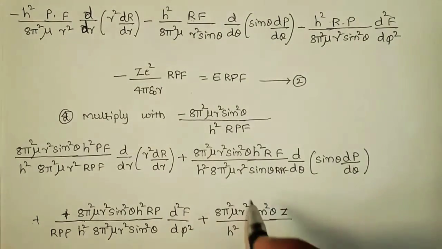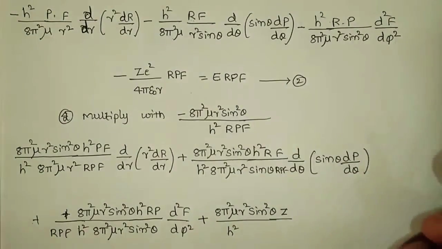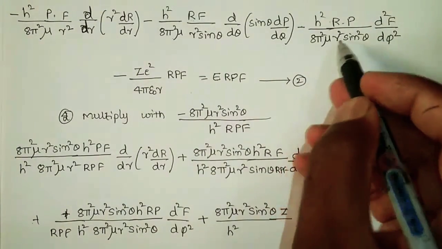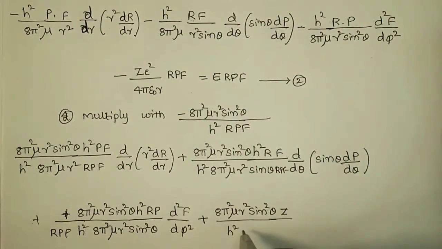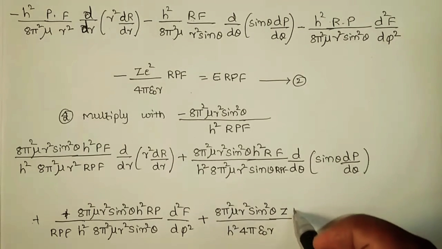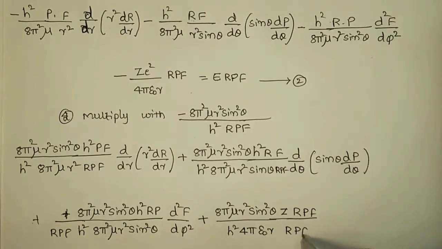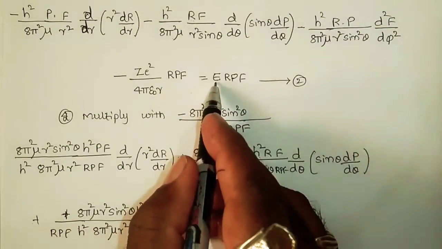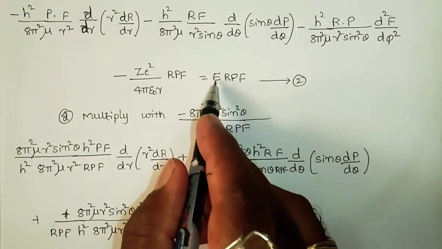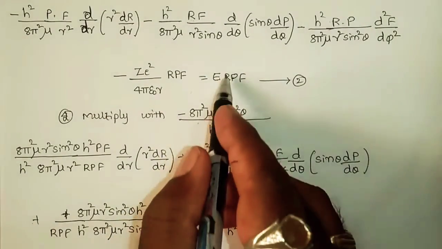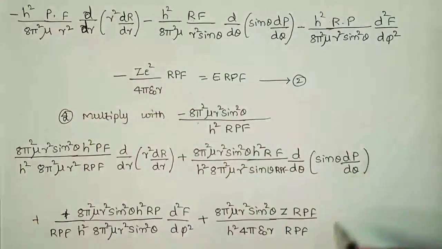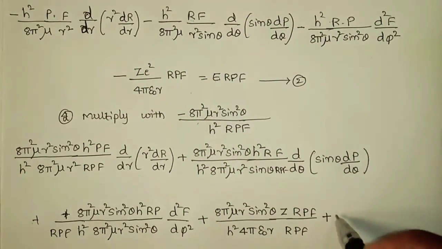And here this one, h square, and as a denominator we have 4 pi epsilon naught r, rpf in the numerator, and the denominator rpf. And here we have positive sign, and when we introduce the same term over here it will become minus. We can take that to the left hand side, so it will become plus.